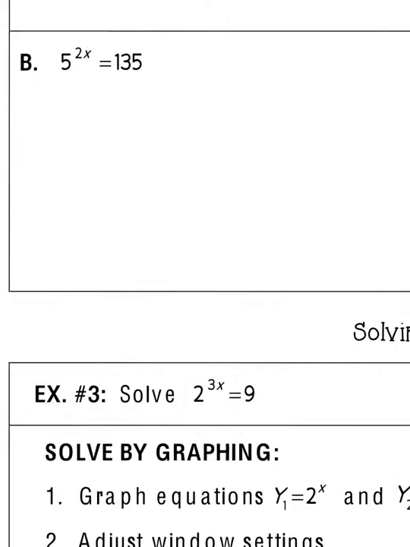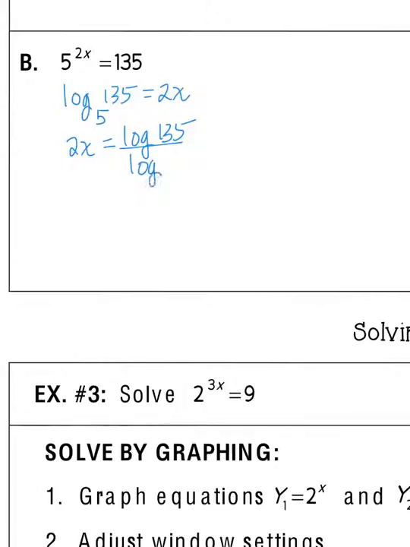All right, so for this one, to convert it to log form, I get log base 5 of 135 equals 2x. So 2x is equal to log of 135 divided by log of 5. And then I am going to divide both sides by 2.